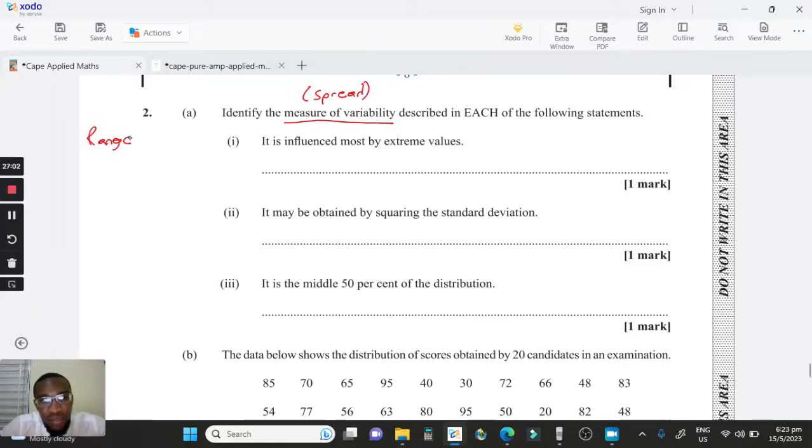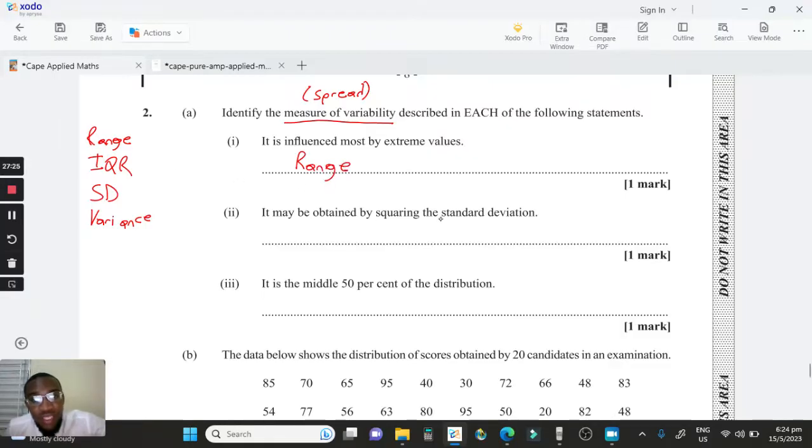So these are your possible answers: range, interquartile range, standard deviation, variance. All right, these are what we're talking about. It says it is influenced by extreme values. The range is strongly affected by extreme values because the range is highest minus lowest.